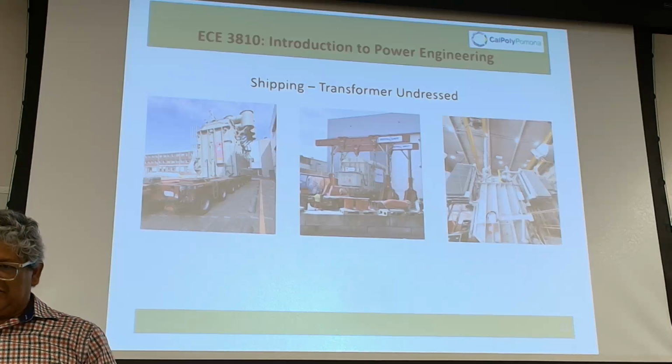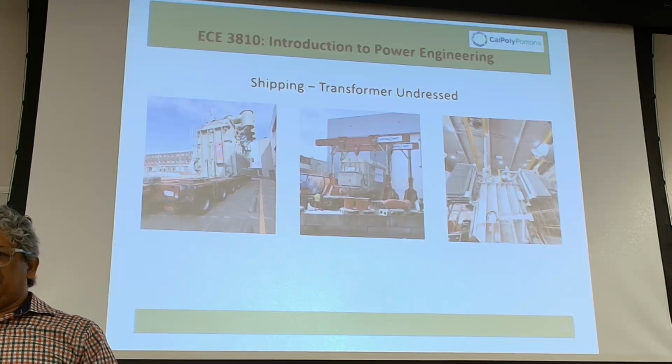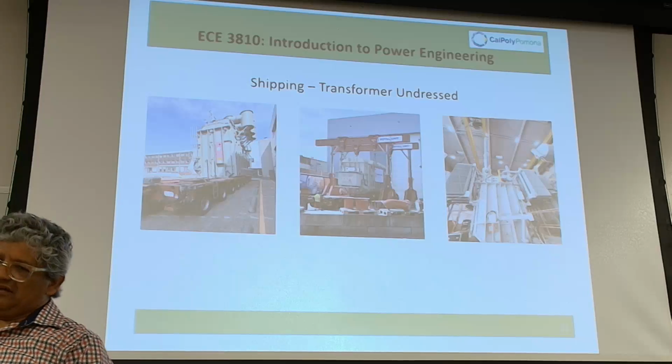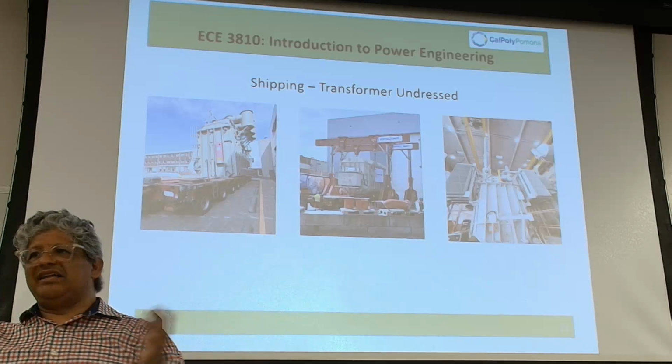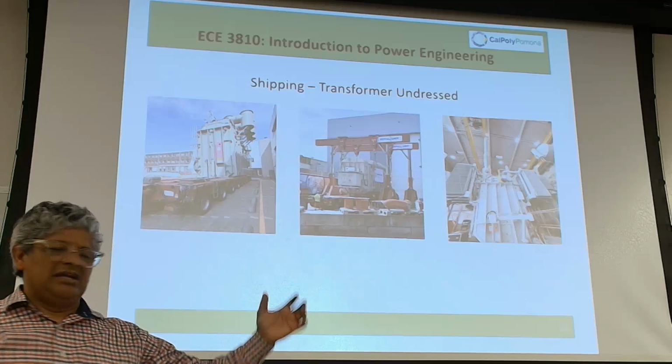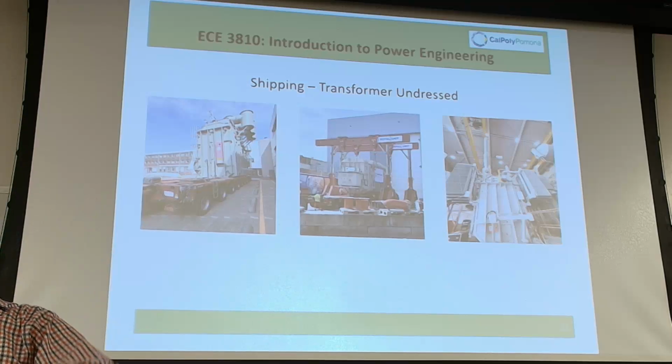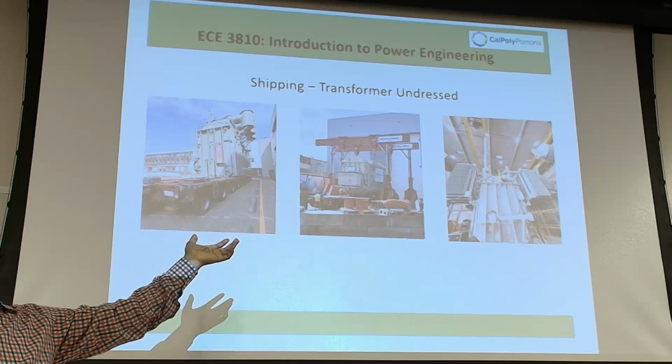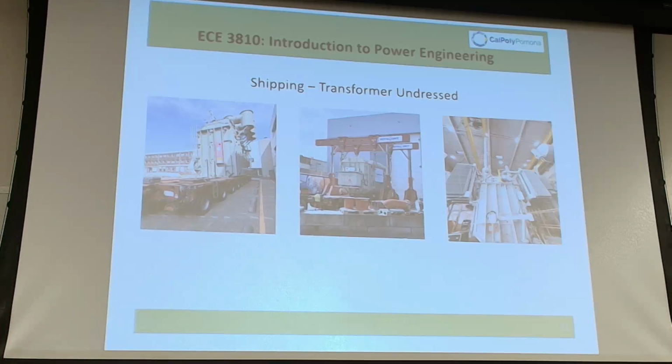They seal the tank, and then they ship this thing separately. Once they arrive at the substation, they bring the rest of the parts and assemble it. Moving the transformer with all those pieces, you're asking for trouble.